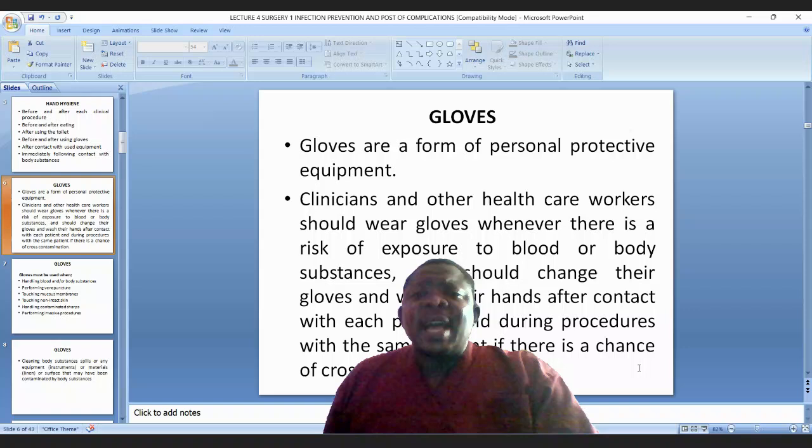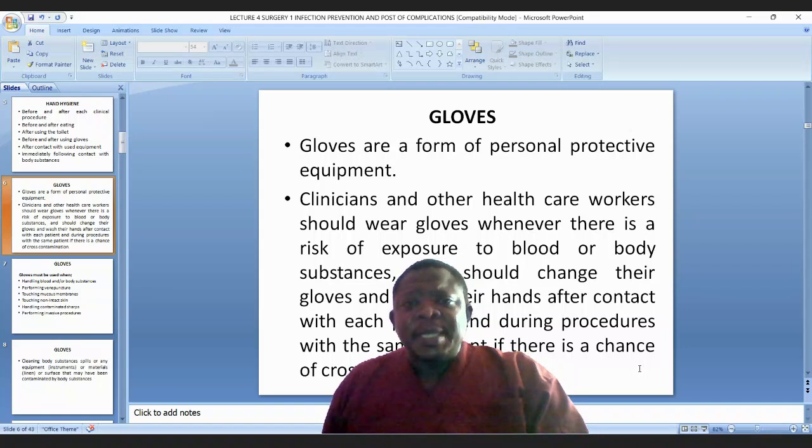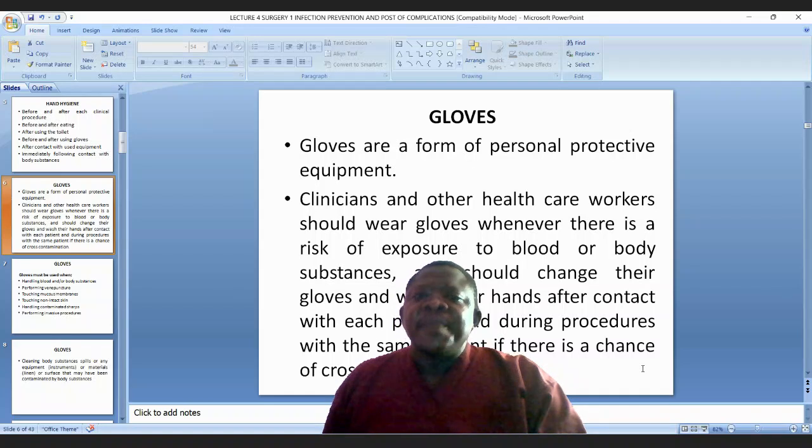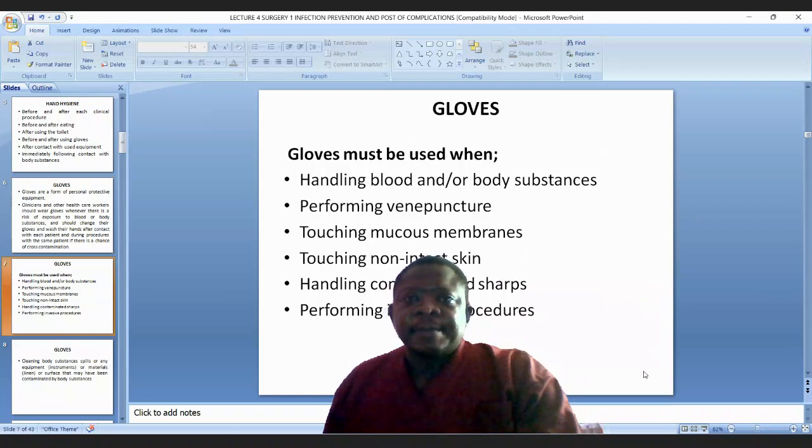Clinicians and other healthcare workers should wear gloves whenever there is risk of exposure to blood or body substances, and should change their gloves and wash their hands after contact with each patient and during a procedure with the same patient if there is chance of cross infection.